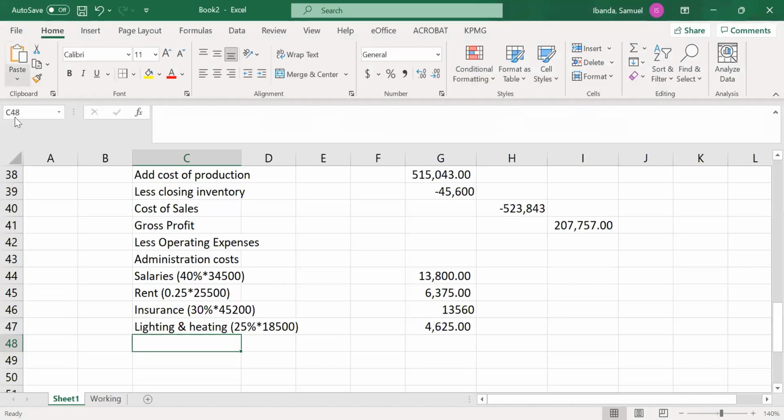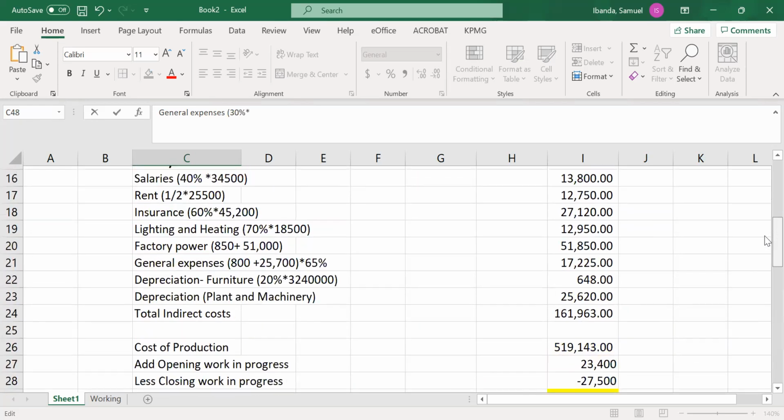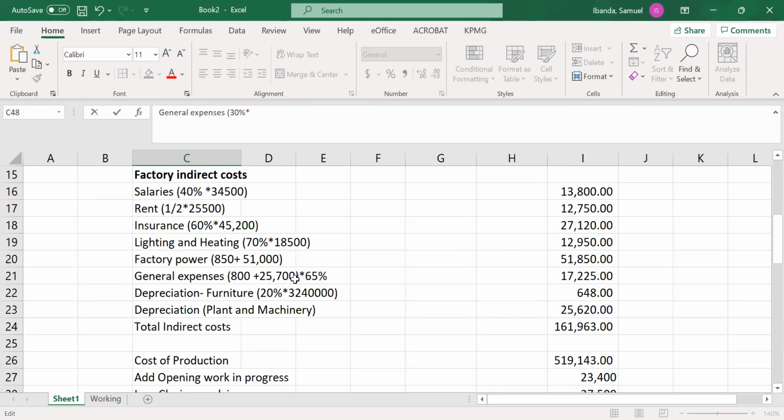I'll pick general expenses here. They have told us here it is 30%. So here it is 30% times, I'll just use the figure I used above since I already calculated. Oh, this was 800 plus this.